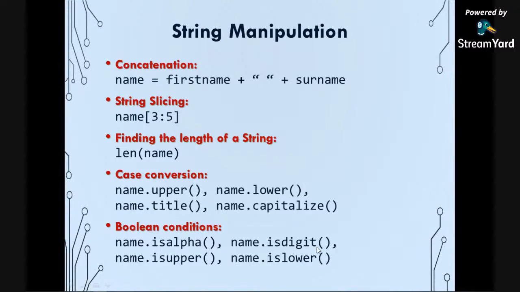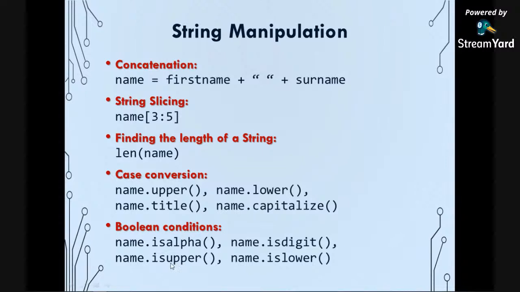name.isdigit would be basically asking, is the whole thing the digits 0 to 9? If not, then it will return false, which it would in this case if it was John Smith. But if all of the characters stored in that variable or string are digits, then it would return true.